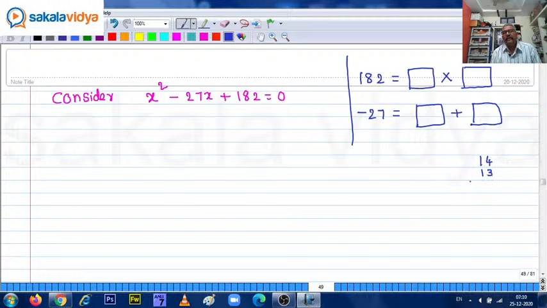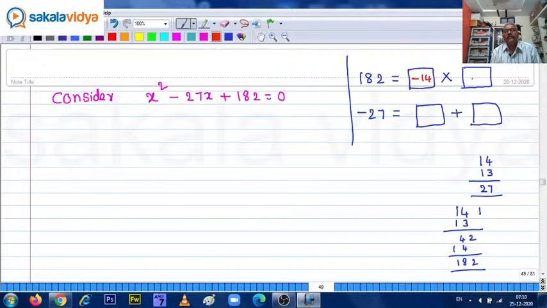What do you get? Adding, you get 27. Let us try 14 into 13. 14 times 13 is 182.